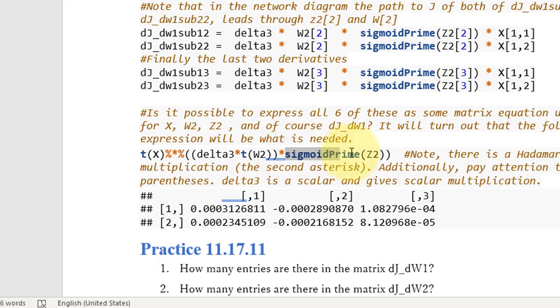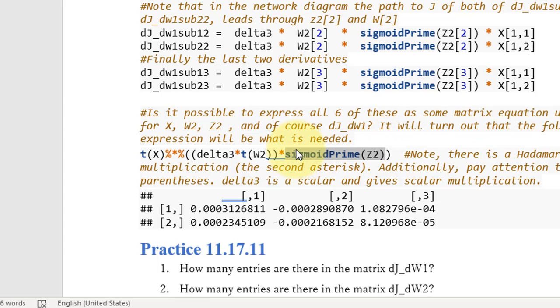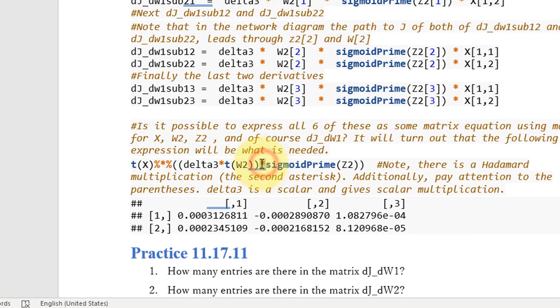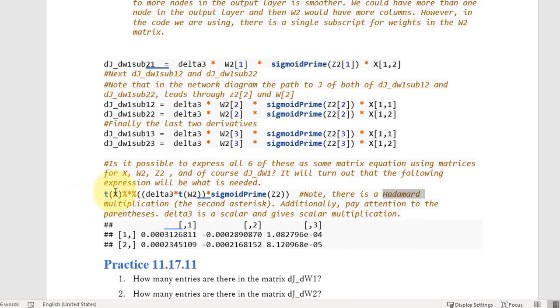Otherwise, this doesn't make sense. We couldn't really do element by element multiplication. So you should make sure that they are. Remember that we call it element by element multiplication, or we also call it Hadamard multiplication. So this will represent all of these equations, this one, this one, this one, this one, this one, and this one.